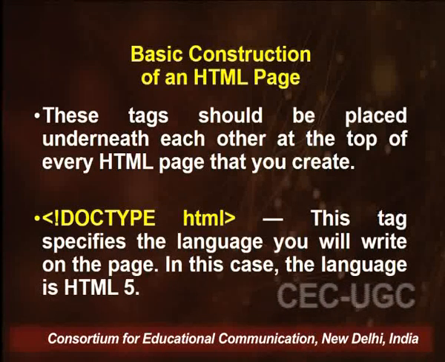This tag specifies the language in which you are going to write that particular page, and in this case the language is HTML5. Now what is this 5? 5 is the latest version of HTML which is available in the market. So the first tag is doctype html, which specifies the language being used in writing that particular page.